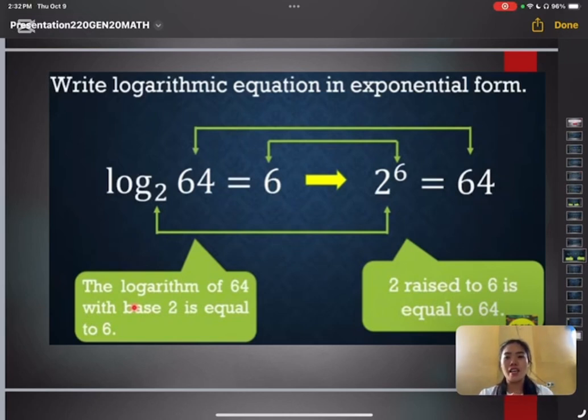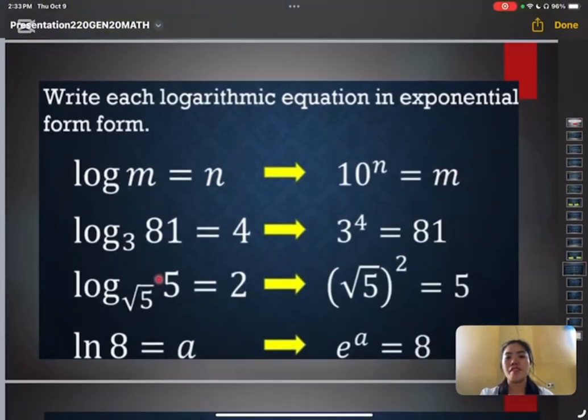Now in this case, we have here log 64 with base 2 is equal to 6. So that means our base is 2. So you have 2 raised to the power of 6 is equal to 64. Okay, let's have more examples.